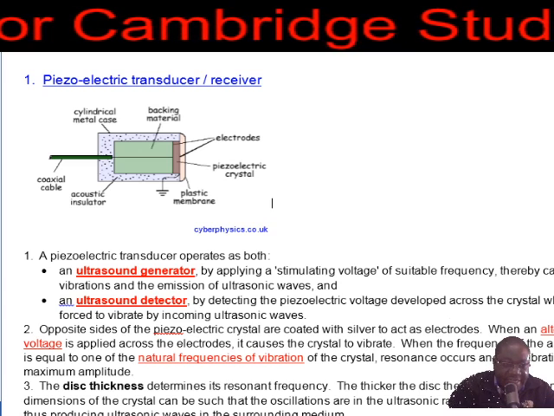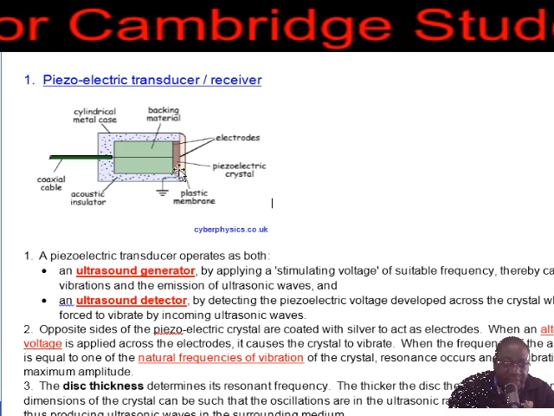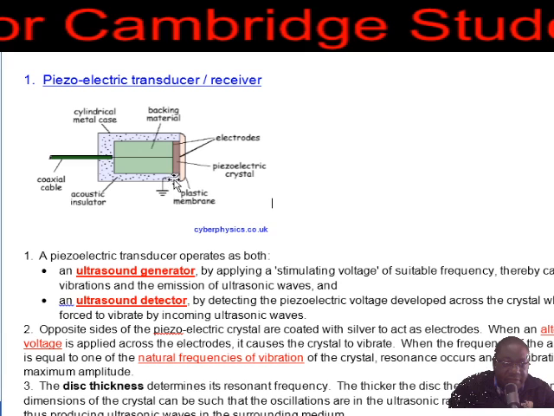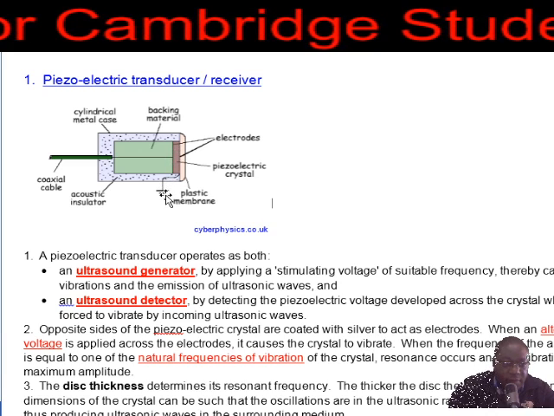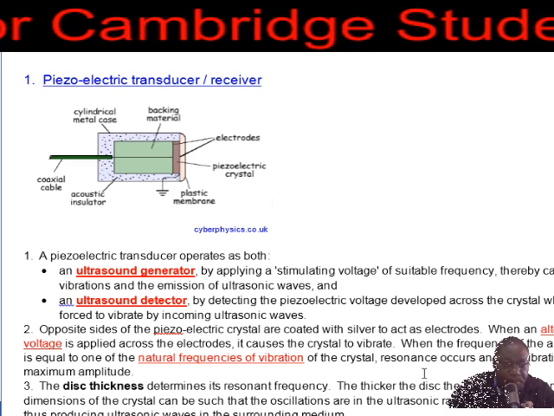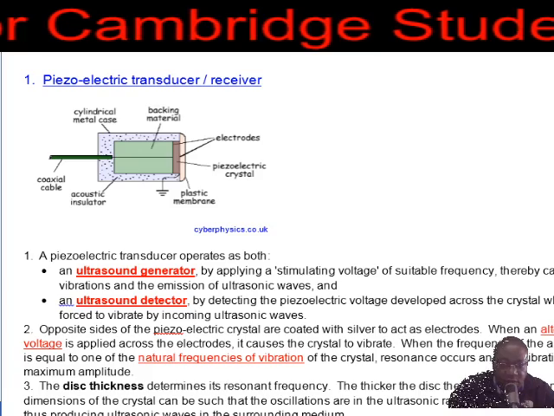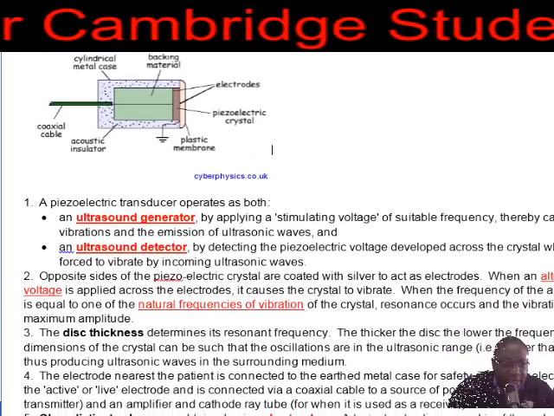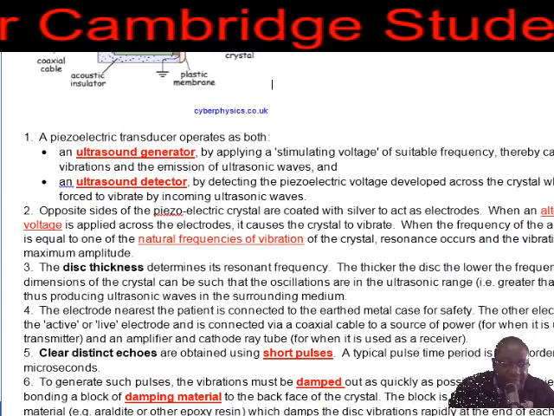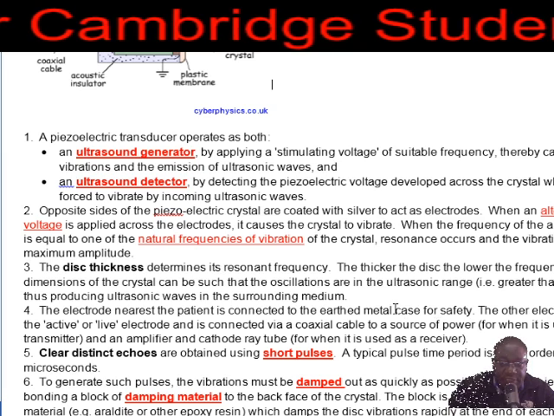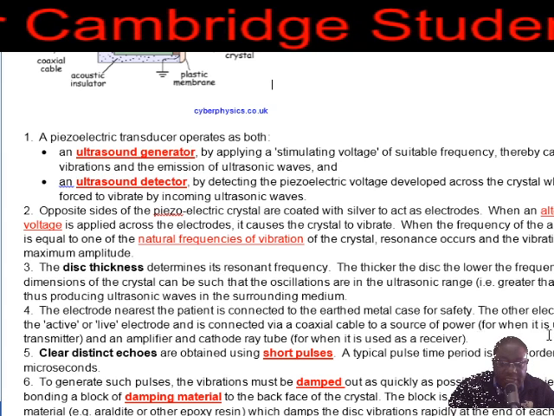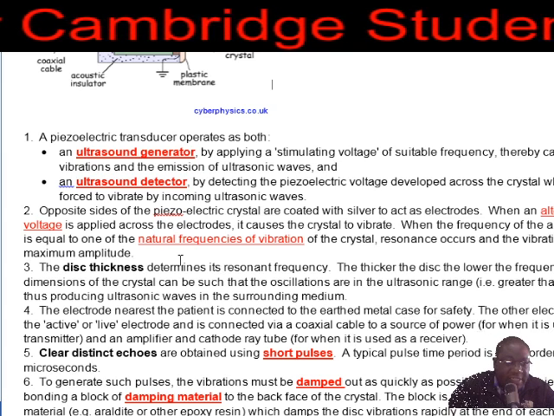The electrode nearest the patient is connected to earth for safety. So there we are. So that's nearest the patient. The other electrode is the active electrode or the live electrode, and it's connected via a coaxial cable to the source when it is used as a transmitter.